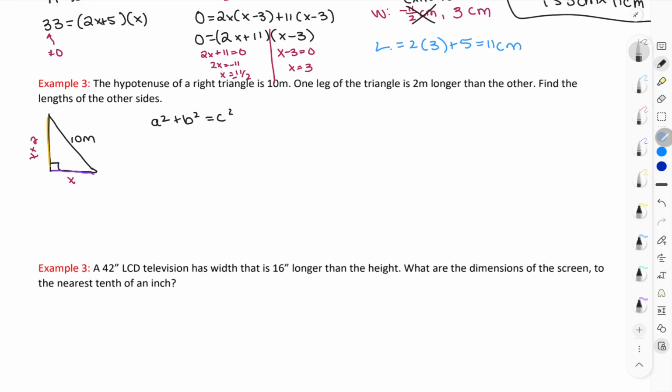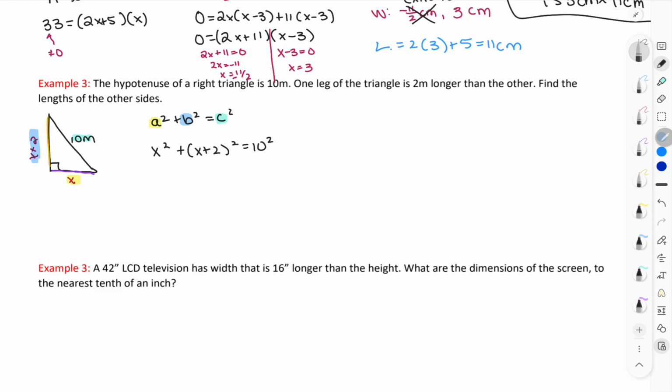That would be the Pythagorean theorem, where side 1 is my a squared, side 2 or leg 2 is my b, and my hypotenuse has to be my c. That has to be my longest side. And so I have x squared plus (x plus 2) squared equals 10 squared.